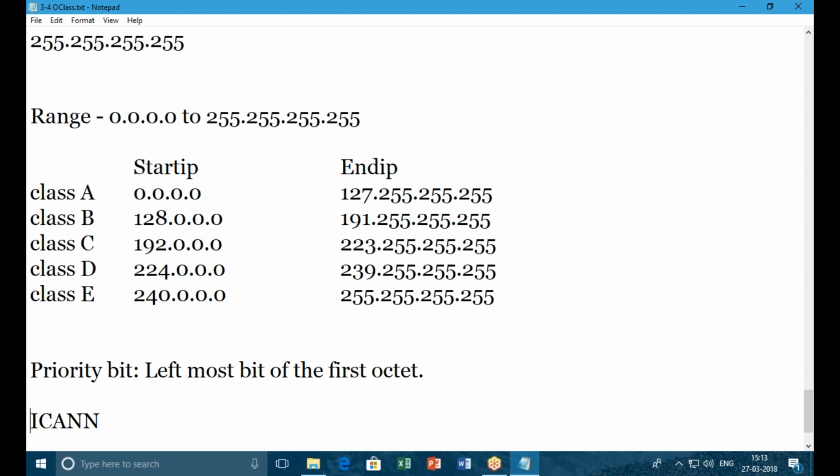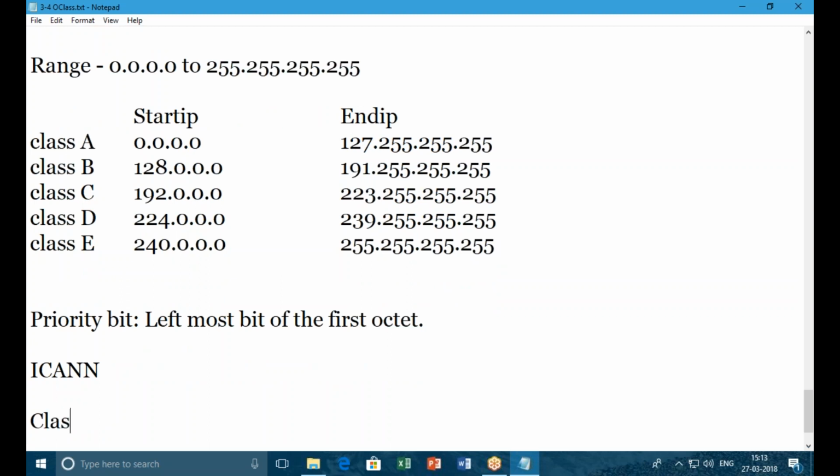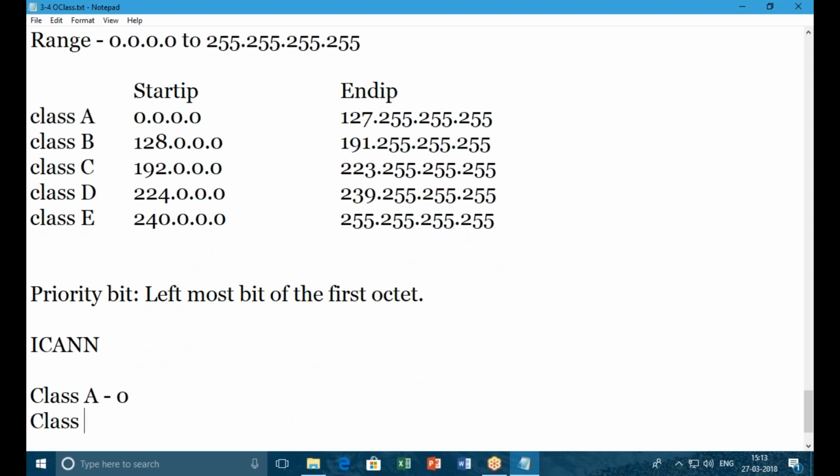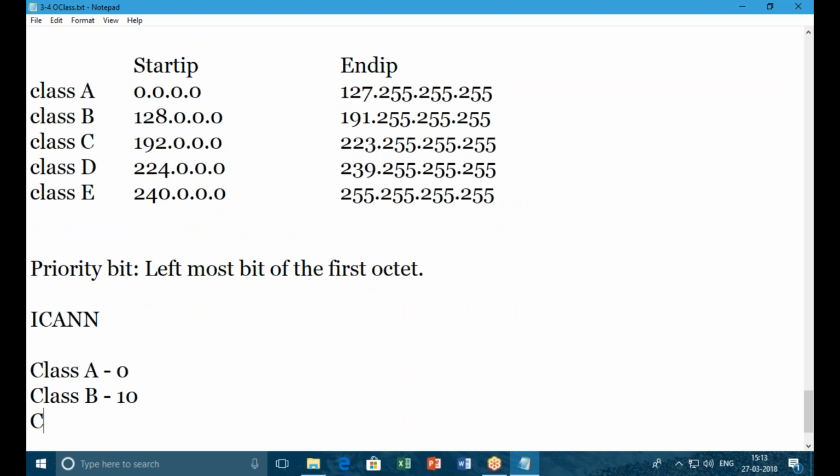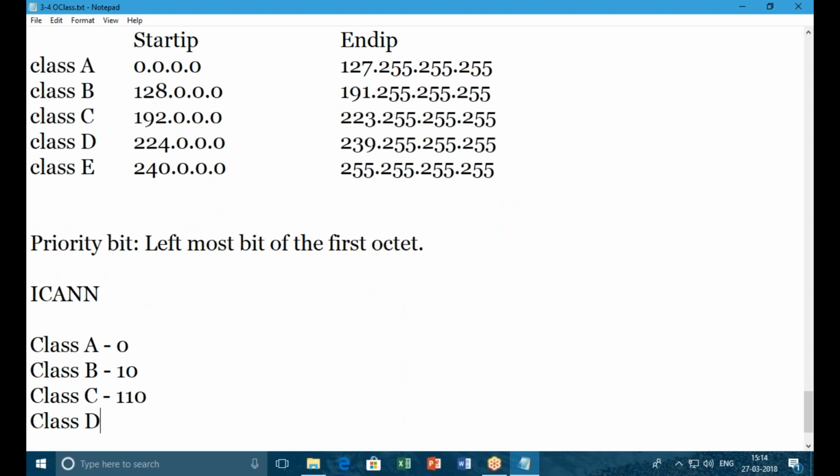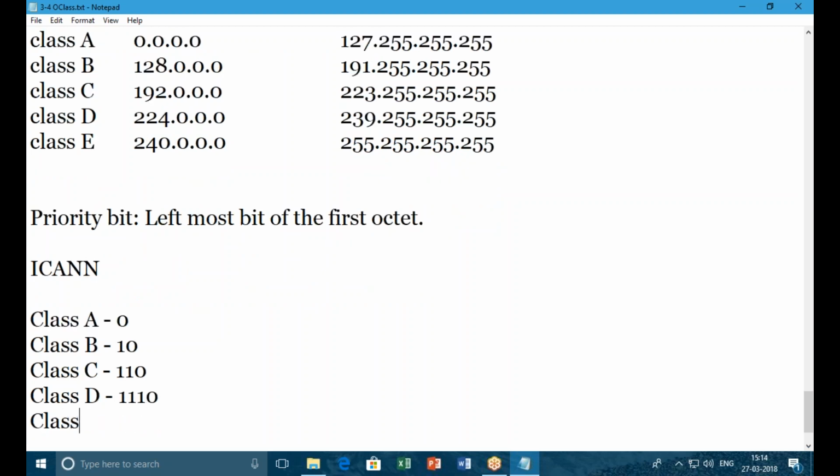So what it said is, if it is a class A IP address, the priority bit is 0. If it is class B, the priority bit is 10. Class C is 110. Class D is 1110. Class E is 1111. So these are the priority bits for each class.